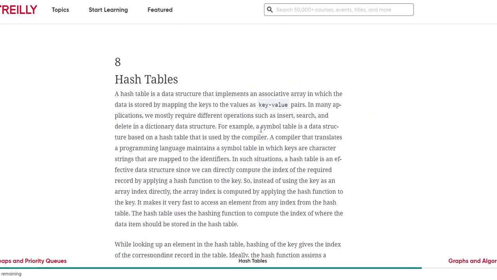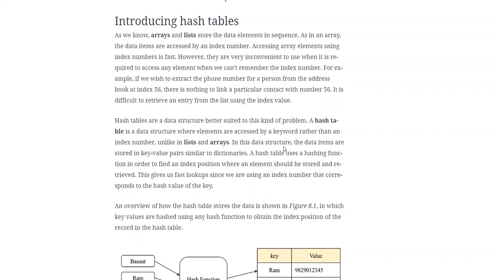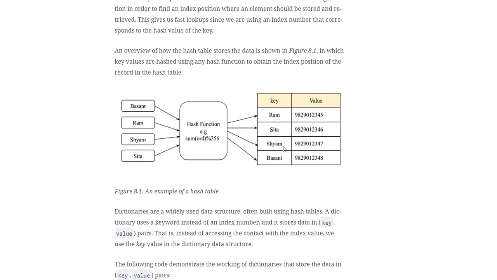Oftentimes it'll be a label and a value in the dictionary, but we're saying a key and a value. In most dictionaries, the label is going to be similar to the key.